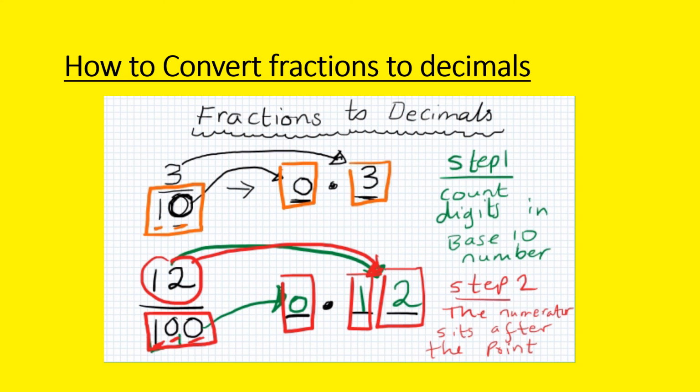And you've got to make sure that you're counting how many digits there are in the base 10 in the denominator to make sure you have given enough digits when writing out your decimals. I'm going to give you a few to practice with. Let's see how you get on.